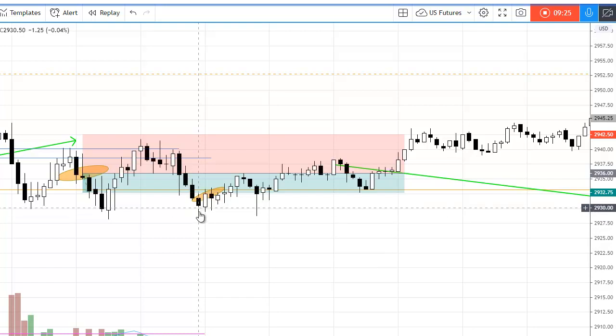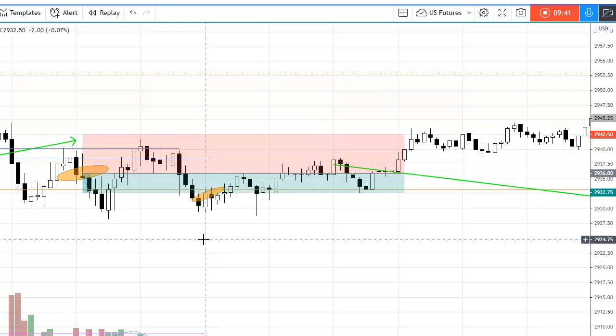So demand was definitely in, and at that point I anticipated a reversal bar to come up, which it did right after this bar here, and I closed it right at this bar.